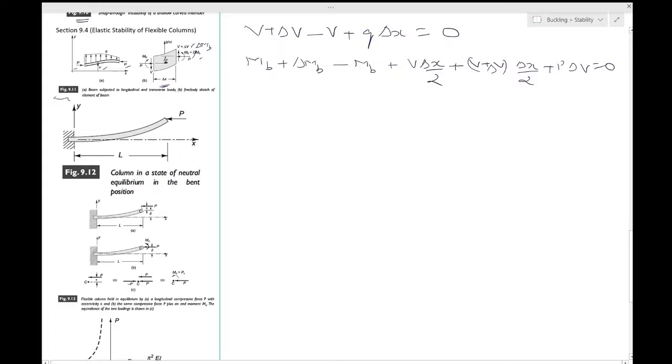This is the center, and of course the moment of this P will not exist because it passes through the point, but this particular P will. So that's P delta v, and this delta v is the small displacement. I'm sorry, this small v was actually the deflection. Small v is the deflection, big V is the shear force.